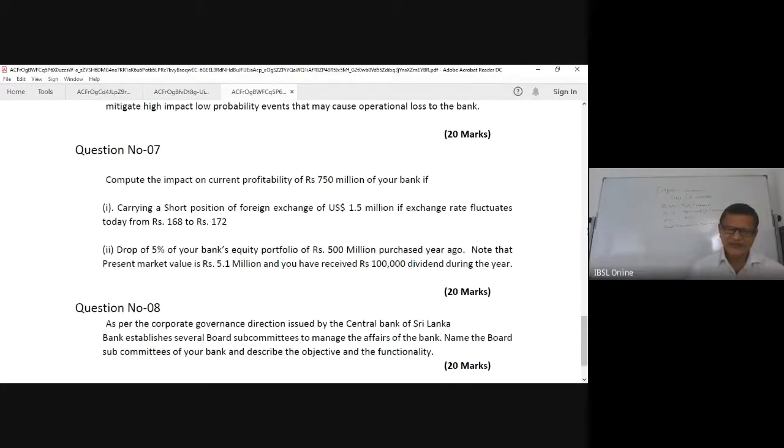Finally, I go to remuneration and nomination. Remuneration is about salaries and nomination is about your promotions. The board is also interested in getting the right HR function going in the bank, so the right people will provide the right direction and improve the efficiency of the bank.